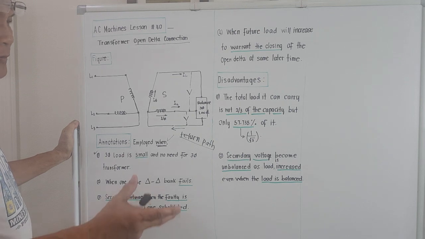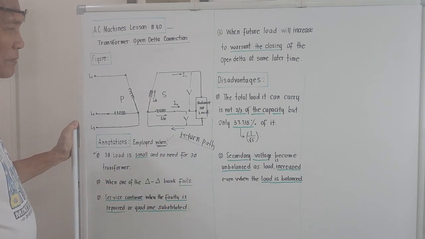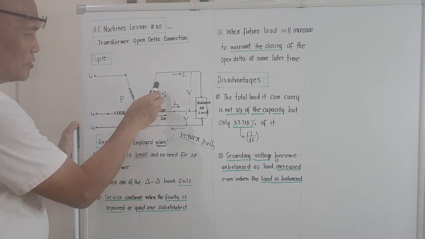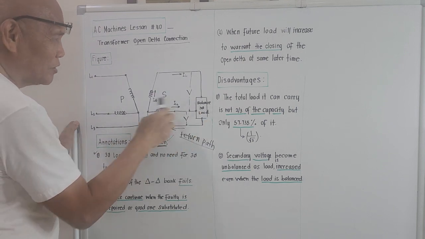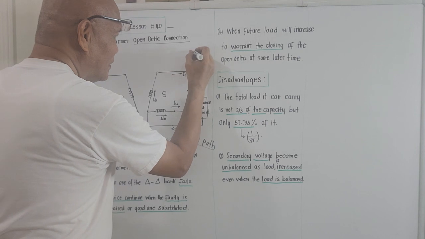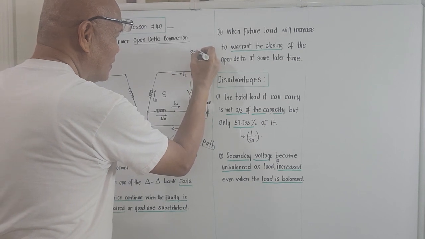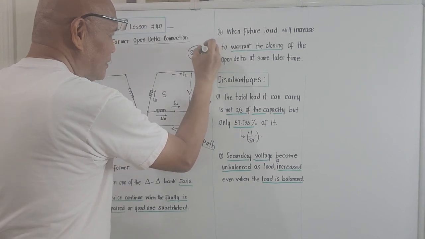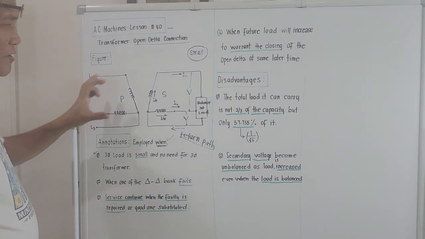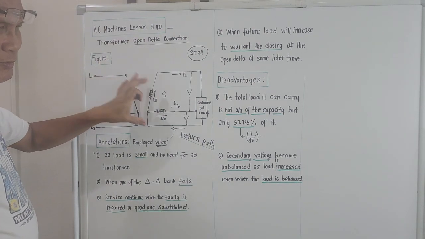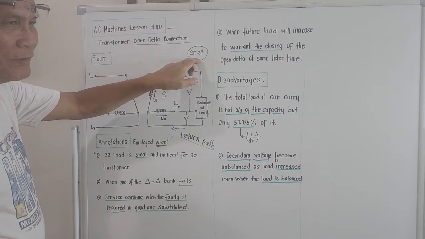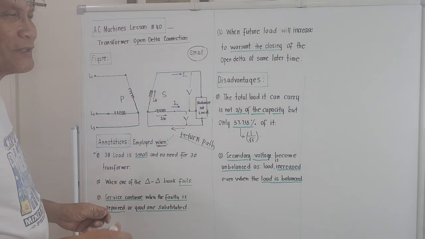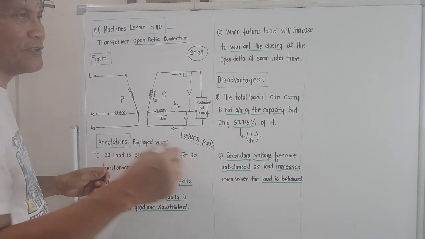So for an open delta connection, this is still very feasible to use if the load is small. That's fine. Right? We can use this open delta connection if the load is small. I don't know how big is that small.